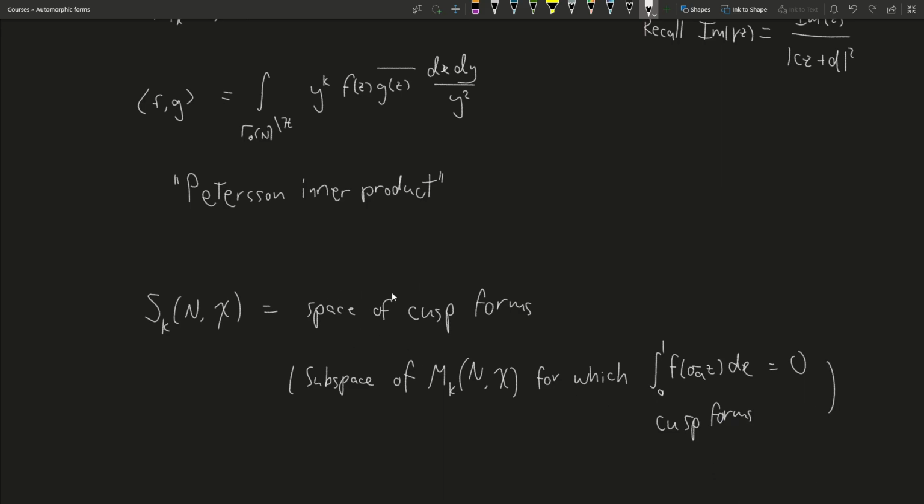Okay, and it's easy to check that this is indeed a subspace with the structure of this vector space, and the Petersson inner product is the Petersson inner product on this as well.